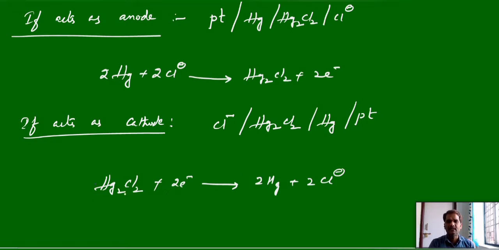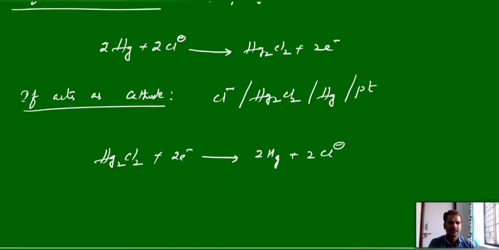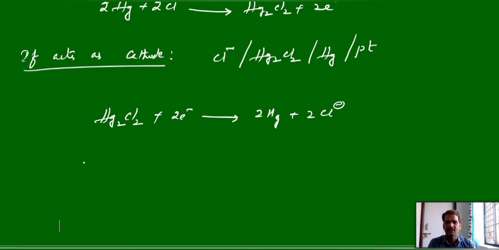Then if you want to calculate the electrode potential of this cell, you can use the next equation. E cell is equal to E naught cell minus 0.0591 by the number of electrons involved, here 2, times log of the concentrations. Mercury is a pure liquid, so its concentration is unity, and mercurous chloride is a solid, so its concentration is also unity.